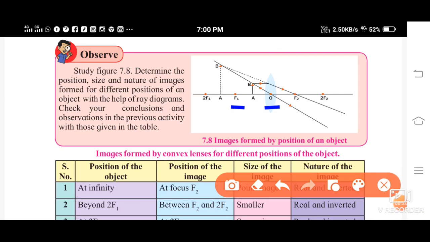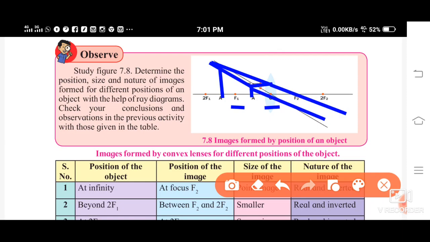So when you keep the object between F and O, okay, that time you can see the ray diagram over here. See, it's going to go like that and it's going to pass like this, okay, and one more ray is going to come out like this. Now when you extend this ray, it is going to meet over here, okay. So the image will be formed here.